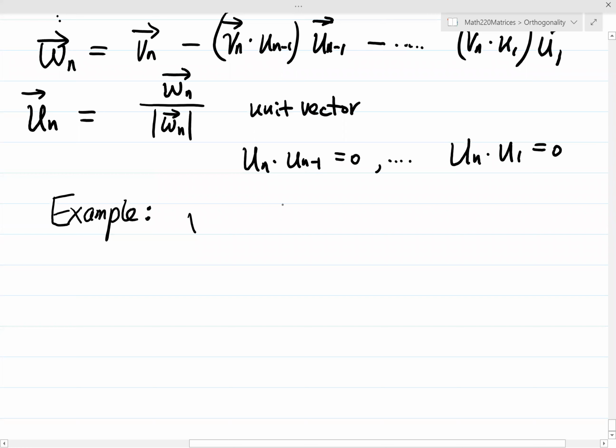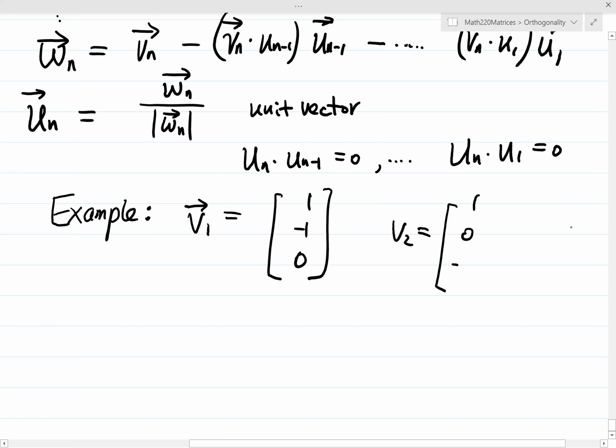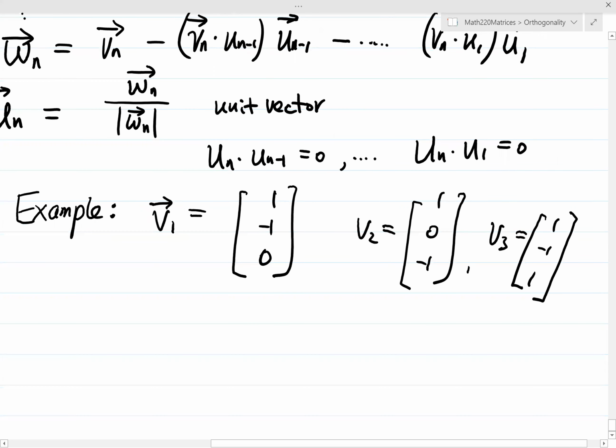So V1 is 1, negative 1, 0. And V2 is 1, 0, negative 1. V3 is 1, negative 1, 1. You can check that they are not all perpendicular.